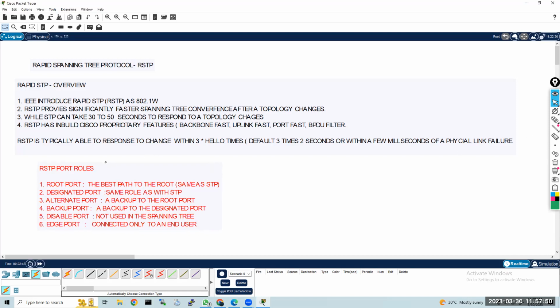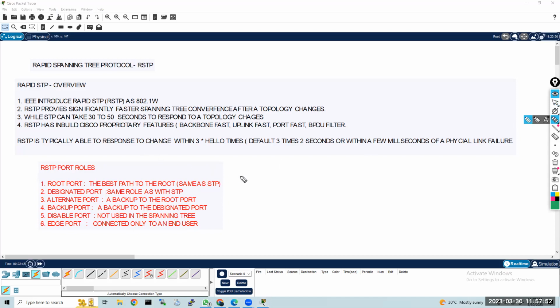Remember the port roles: root port, the best path to the root, same as your spanning tree protocol. Designated port, same role as with your spanning tree protocol. Alternate port is a backup port for the root port, whereas backup port is for the designated port.